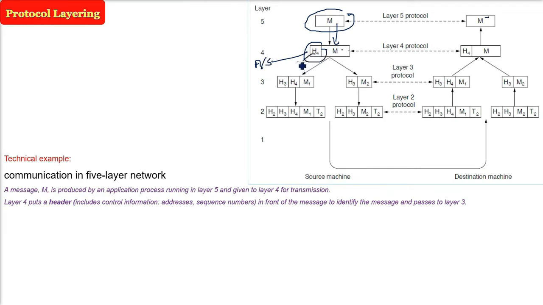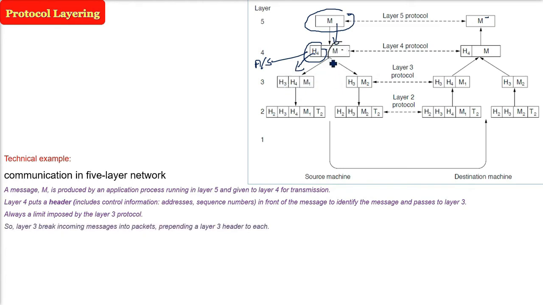Now at layer 3, there may be a limitation that this is not the size, only a shorter size can be sent. So layer 3 will divide this message M into M1 and M2, and it will add its own header H3. So M1 and M2 will each have a header. The earlier header was placed by layer 4 on the actual message.